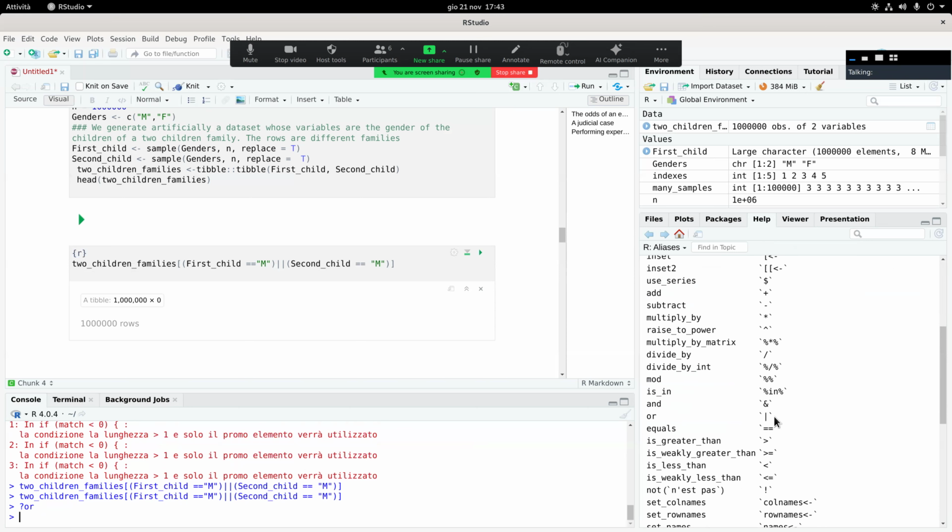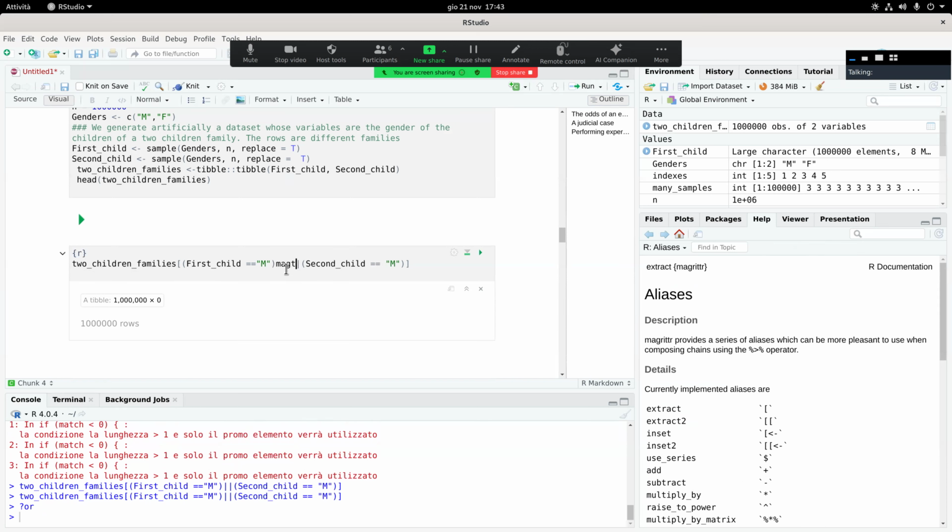I have to use Magritte, the Magritte package. So I guess Magritte, or let's see.